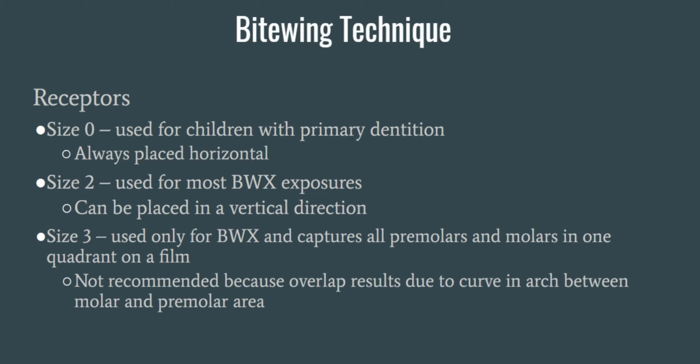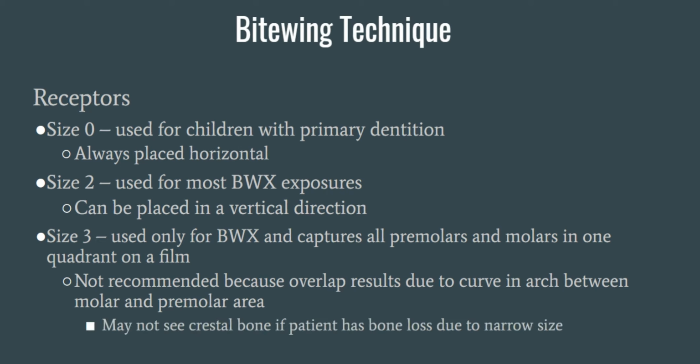There's a curve in your arch between the molar and the premolar area, and that film will hardly ever sit correctly so that there is no overlap. So those contacts are never going to be open, and that is why this film is not recommended. Also, because it is a more narrow film, you may not see the crestal bone if the patient has a large amount of bone loss.